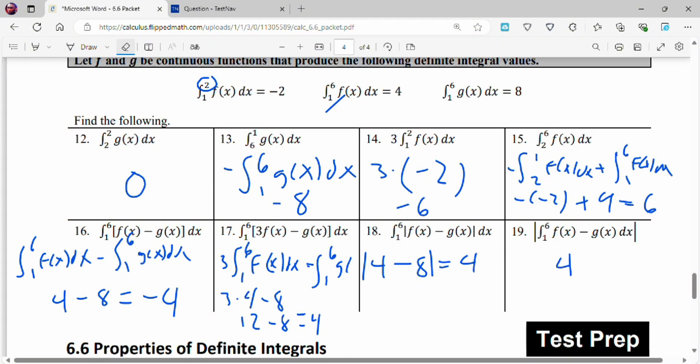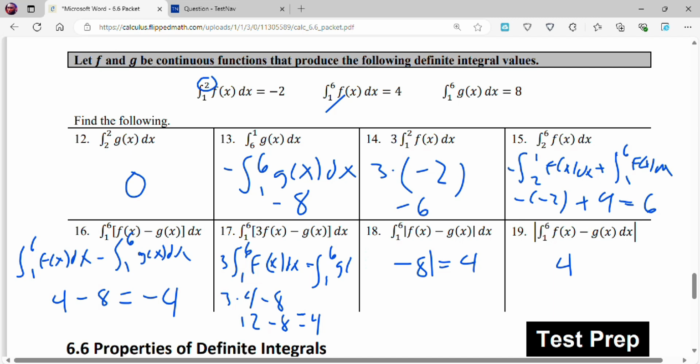For number 18, remember that an absolute value applied on the interior of an integral means the area has to be counted as positive. And so I thought it was 4, right?